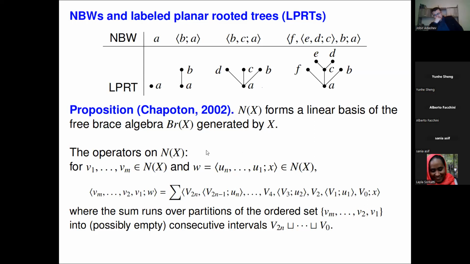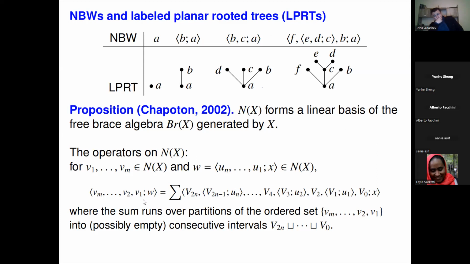The operators on the normal brace words are like this. For any normal brace words v_i and w, the product is like this. Here w is in the special place, but w is also in brackets.